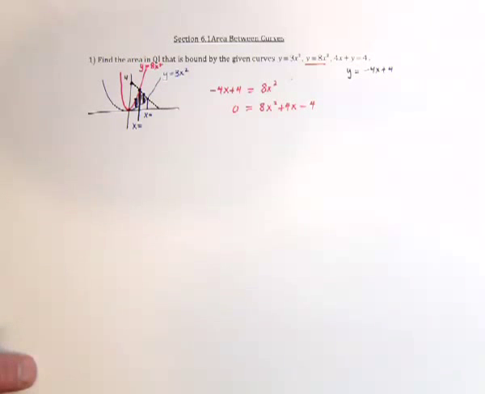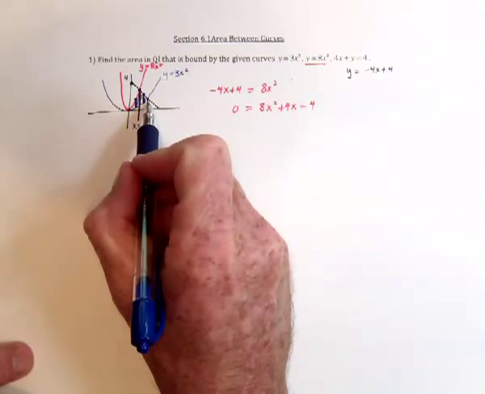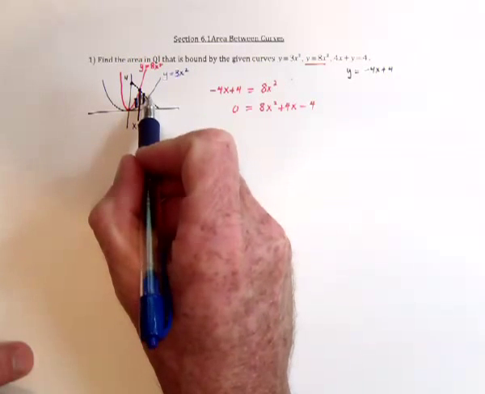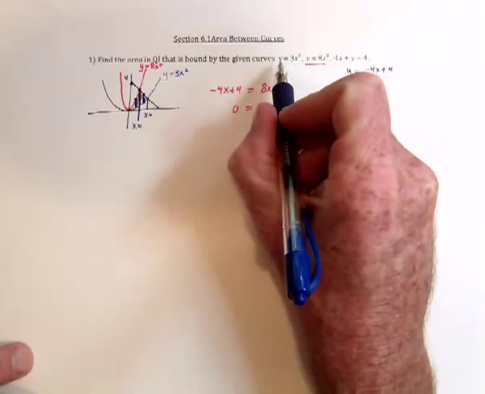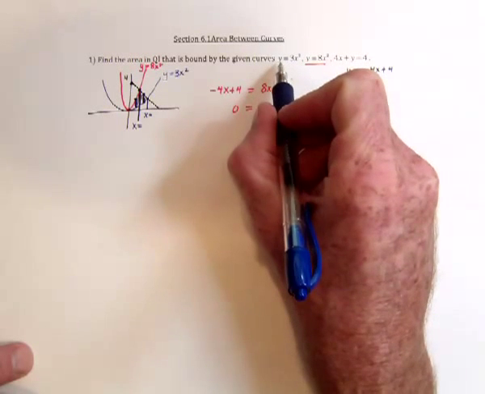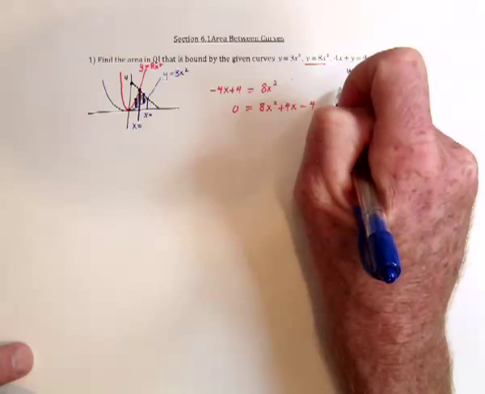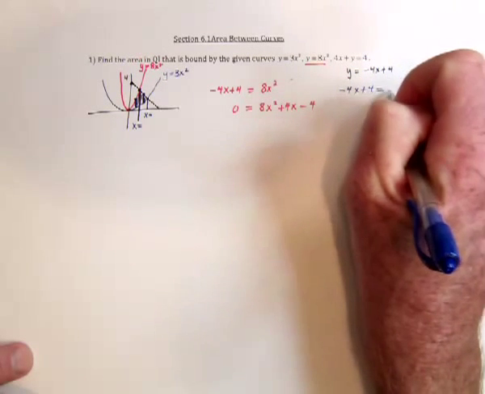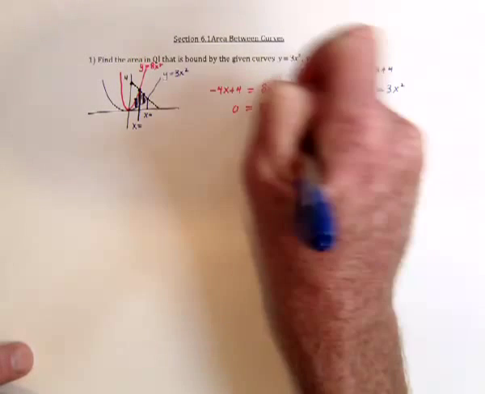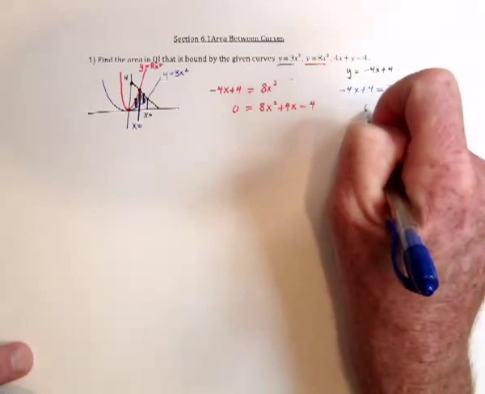And then over here, where does the blue parabola meet the line? That's essentially the same thing, except it's equal to 3x squared, so it's going to be negative 4x plus 4. Where does that meet 3x squared, the blue parabola?